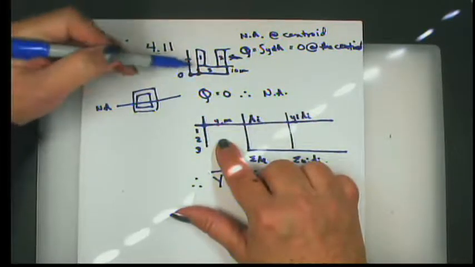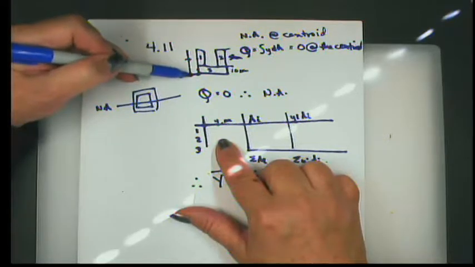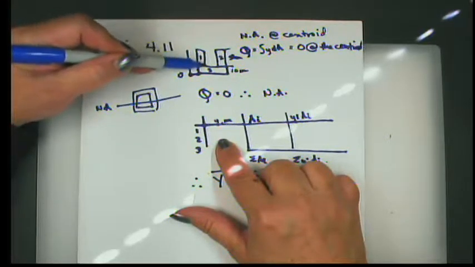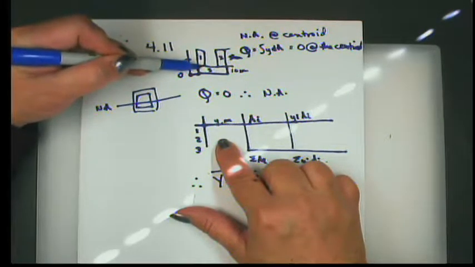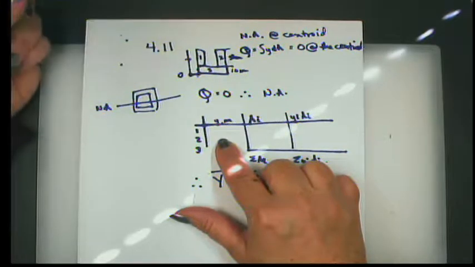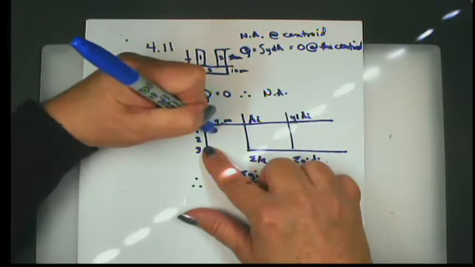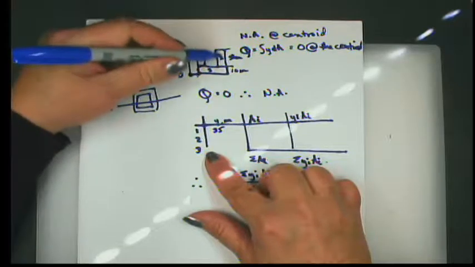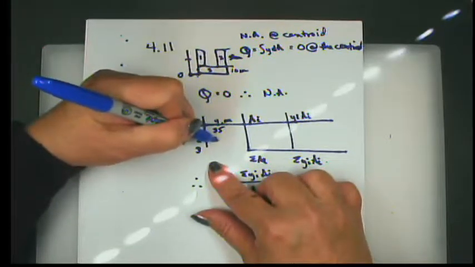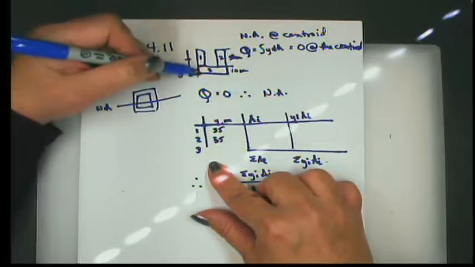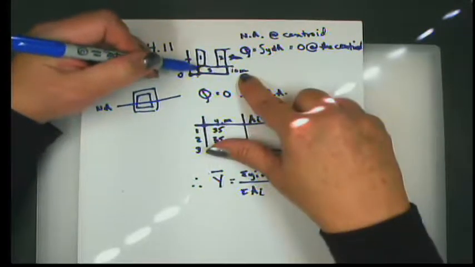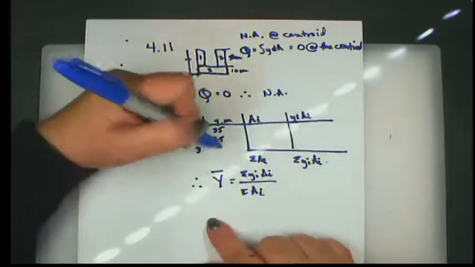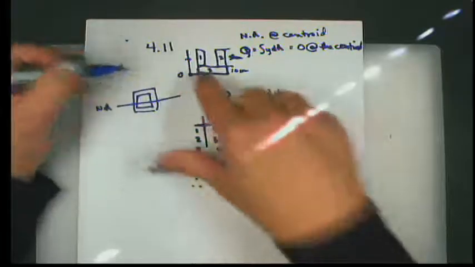So if I look at piece 1, the centroid of this is right in the middle, so it's 25 millimeters from here, which is 10 millimeters from here. So it's 25 plus 10, or 35 millimeters. Same for piece 2. Part 3, on the other hand, is only 10 millimeters high, so this is only 5 millimeters from my origin.